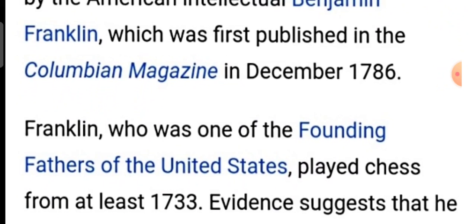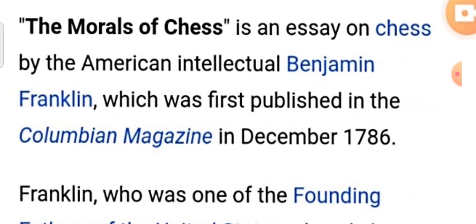So he was an American, Benjamin Franklin, and his write-up, The Morals of Chess, was first published in a Columbian magazine in the year 1786 in the month of December.